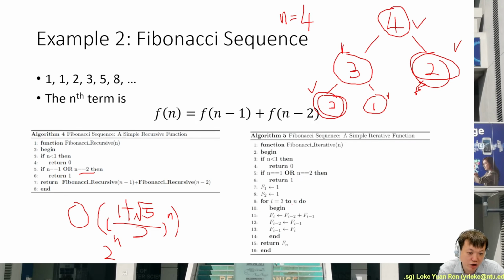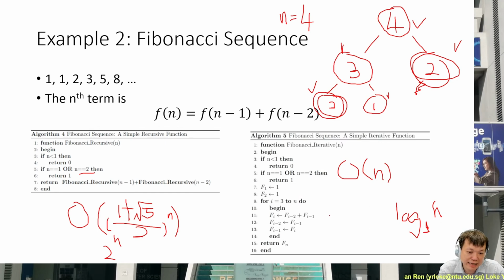Because in this one, you just run n iterations. Moreover, algorithm 5 is still not the best algorithm. There's another algorithm I will not discuss here, but you can go and find out, which can achieve log n. This one is in n. It is linear because you just run n iterations.